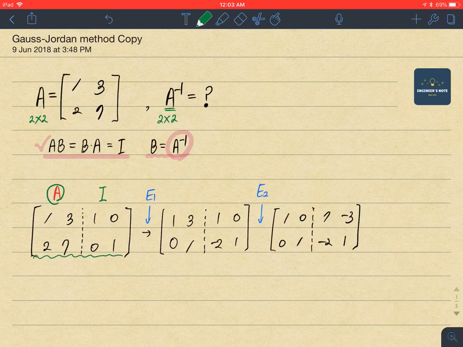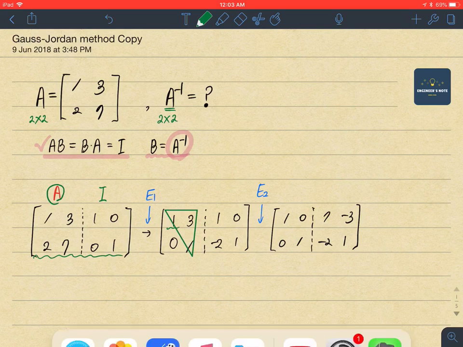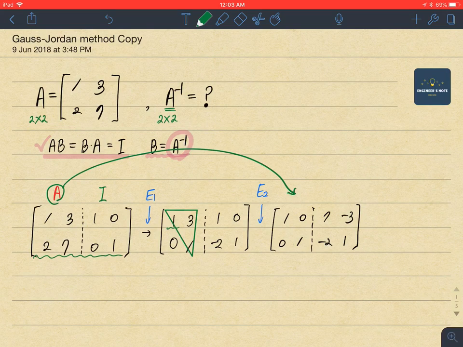Normally we just stop here when you create 0 below the pivot, because we got an upper triangular matrix, but in this case we have to make it into the identity matrix. So we're going to create 0 also above the pivot.